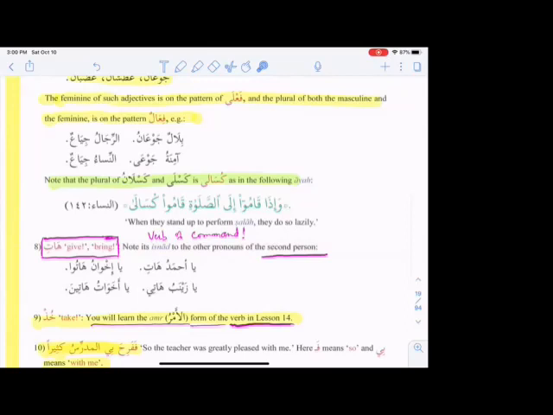That is the meaning of isnad. Don't worry, you will become quite familiar and proficient with it. Isnad is when you attribute a pronoun to the verb. So that is a special attribution, which means the fa'il is that pronoun, okay?